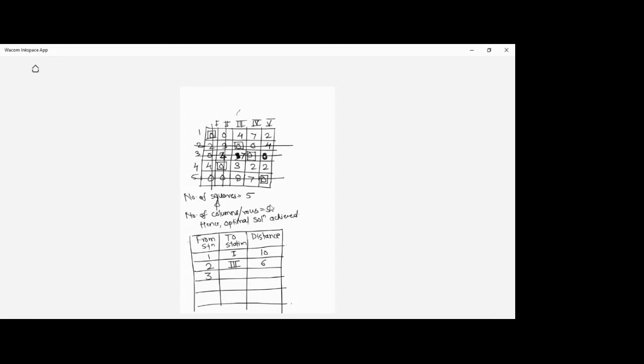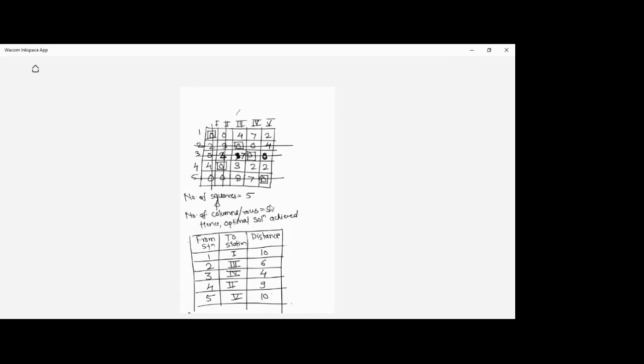The wagon from station number 3 will be transported to station number 4, whose distance is 4 kilometer. Station number 4 will transport its wagon to station number 2, and the distance is 9. And lastly, the wagon at station number 5 will get transported to station number 5, whose distance is 10 kilometer.